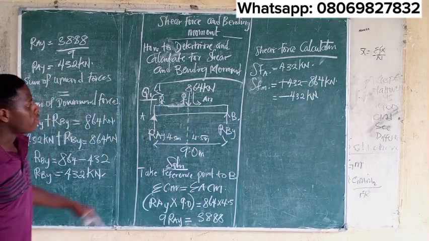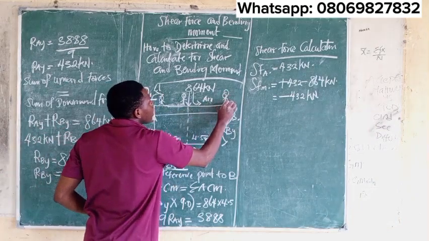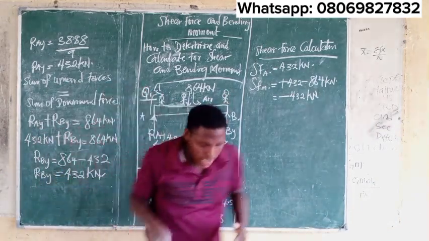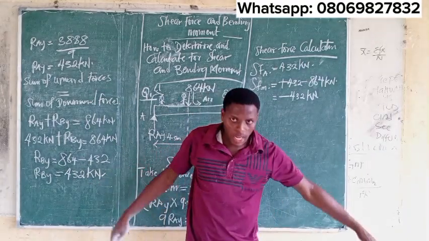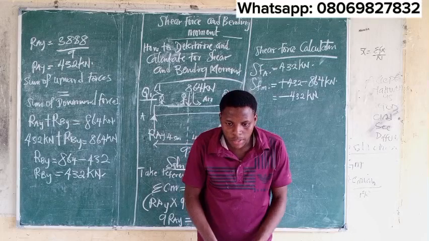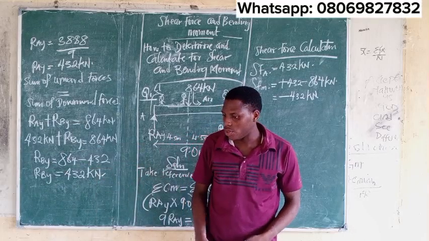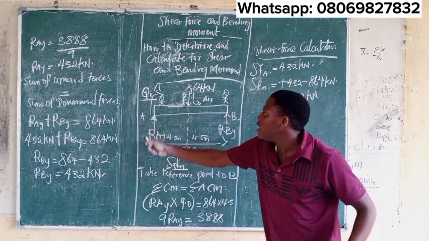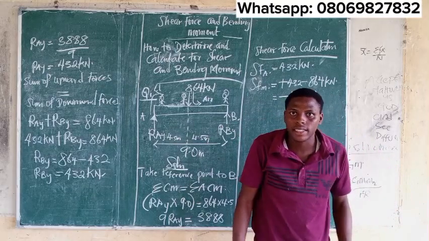Now, what's the next thing? You are now standing at point B. You are considering what you are having here, not what you are having here. If you are at point B, what are the forces you are seeing on this side of the board? You are seeing this force, this force, and the force where you are standing.